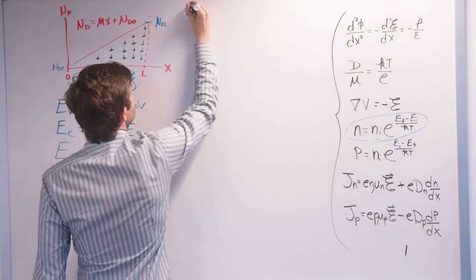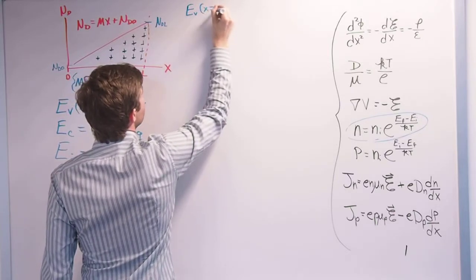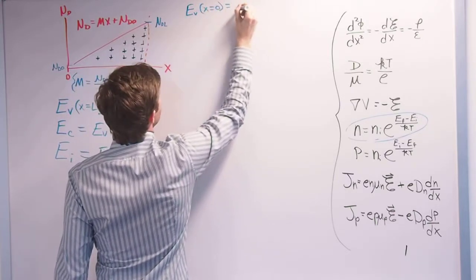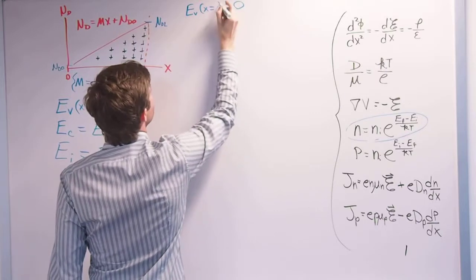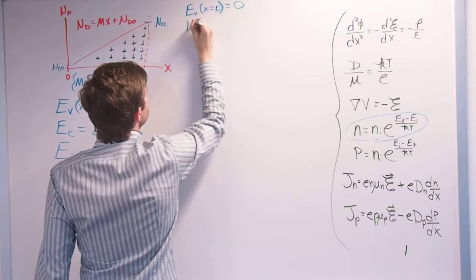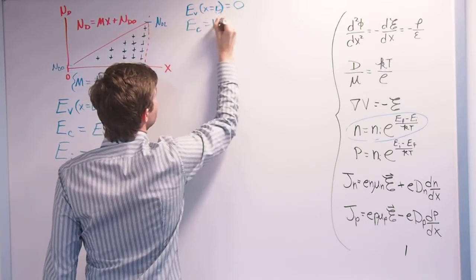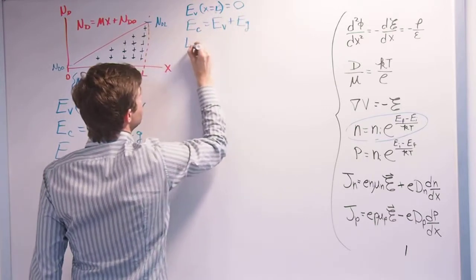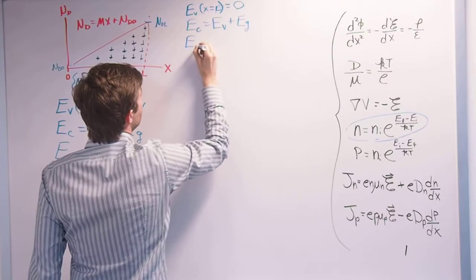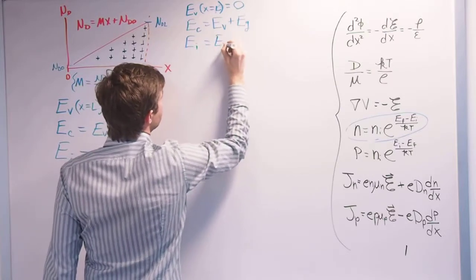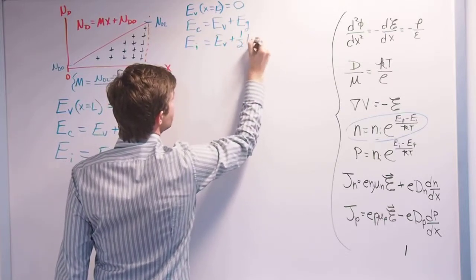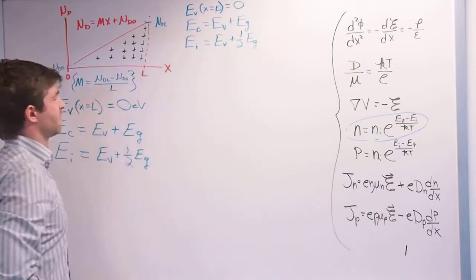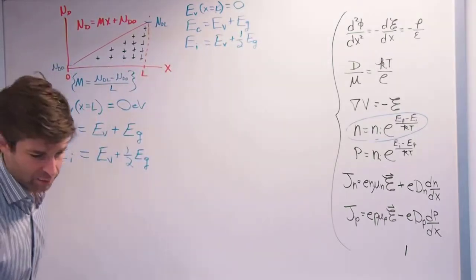EV at x equal to L is equal to 0. Sorry, x equal to L, my bad. And EC equals EV plus EG, and EI is equal to EV plus 1/2 EG. This should make sense conceptually, and now we're going to get into doing the math.